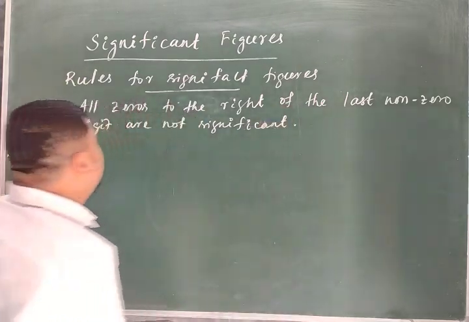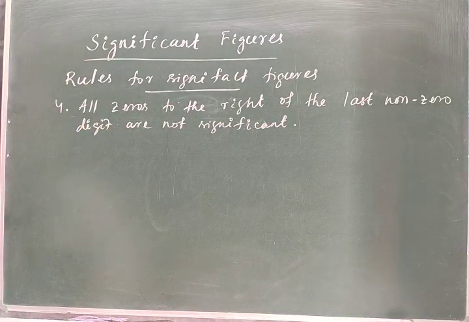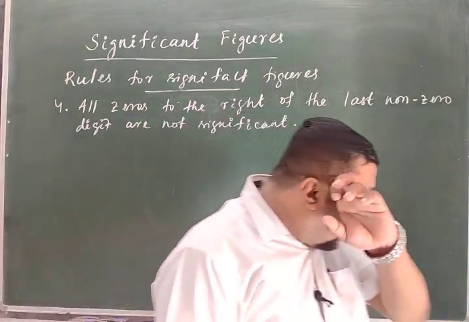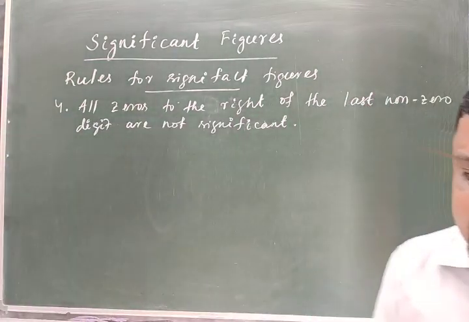Is that clear? All zeros to the right of the last non-zero digit are not significant.